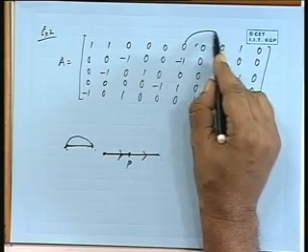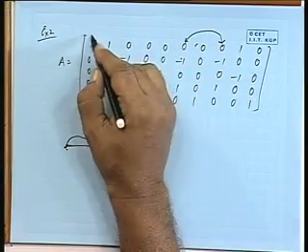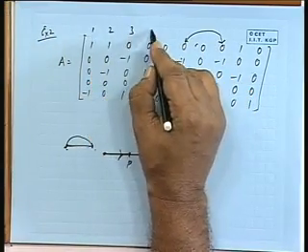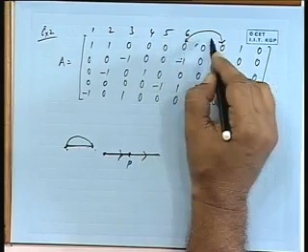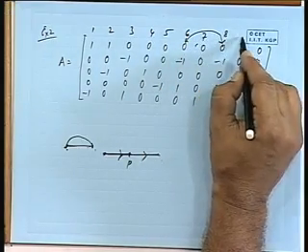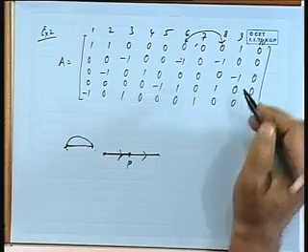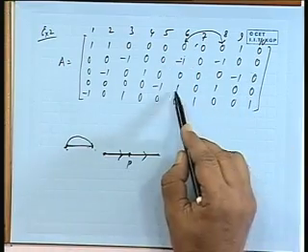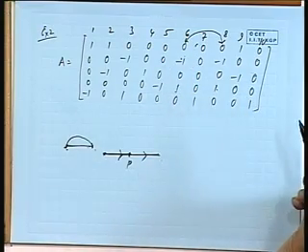See, this and this, 1 2 3 4 5 6 7 8 9 and 10. So 6th and 8th, minus 1, are they in parallel?